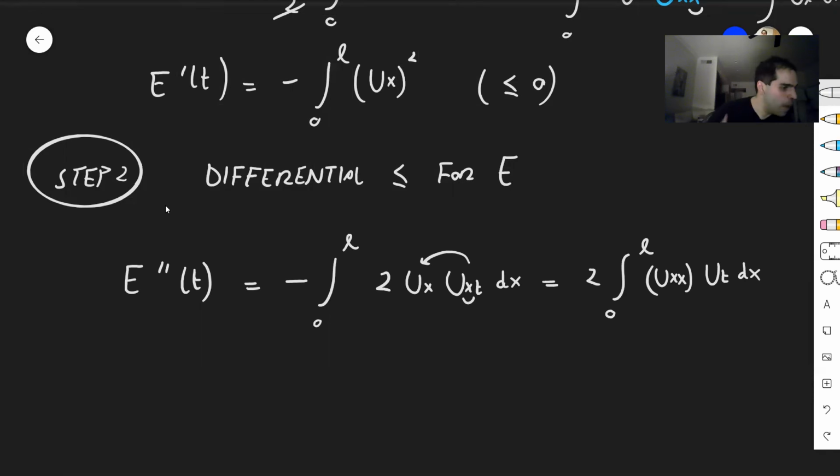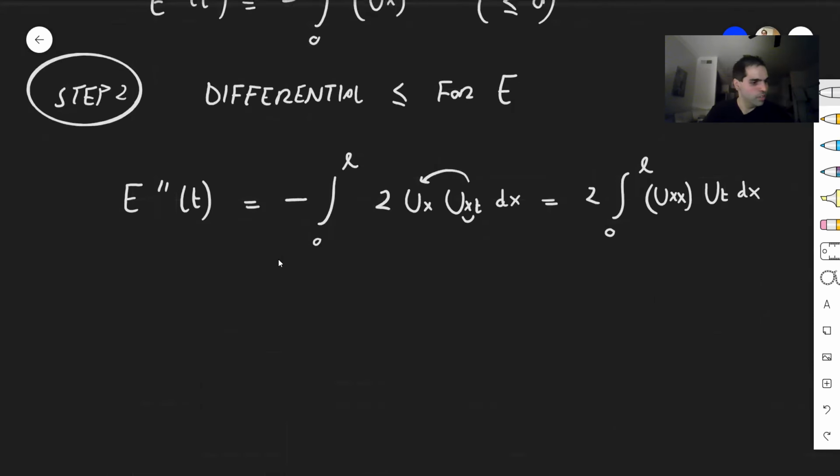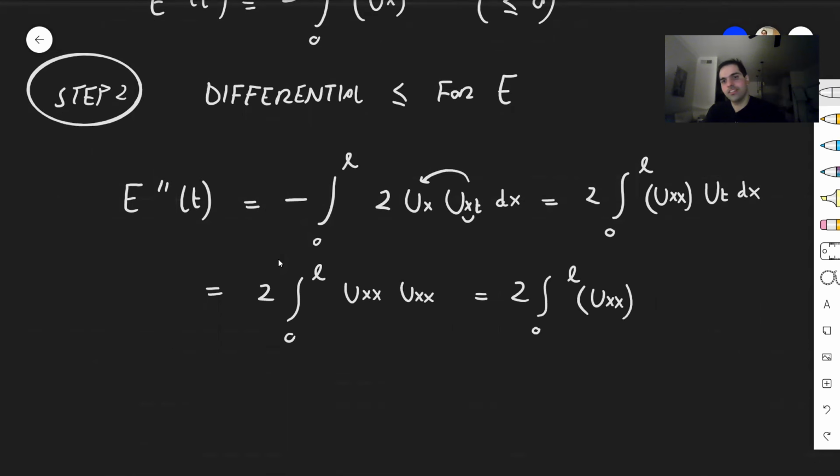But again, by the PDE, this just becomes u_xx. So that becomes 2 times integral from 0 to L of u_xx squared dx. So it's not dos x, it's cuatro x.